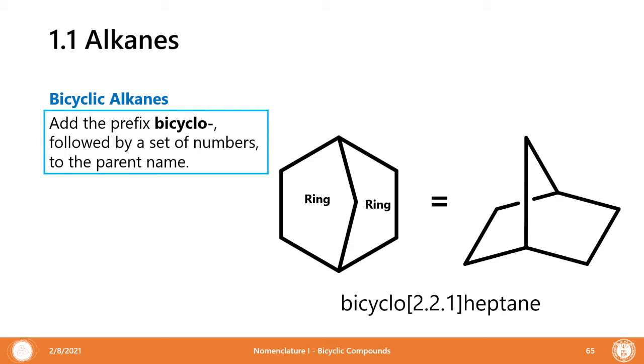These 2 rings are connected by bridgeheads, which are carbons that have 3 connections, each linking the 2 rings together. So these are the 2 bridgeheads.